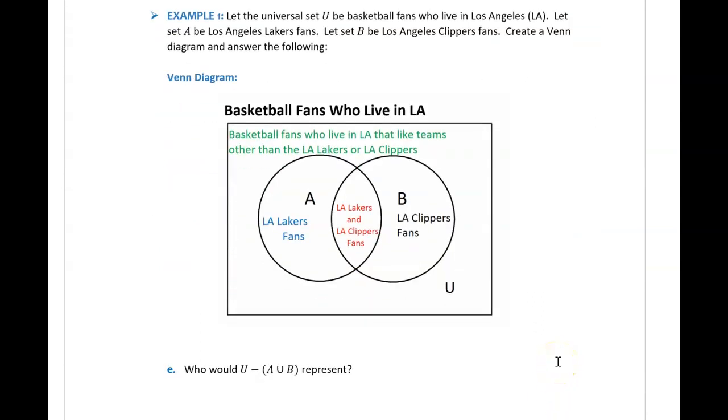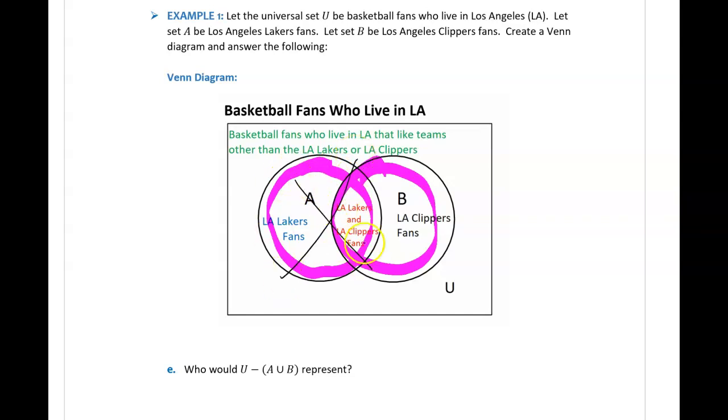I have retyped example 1 and already put it in the Venn diagram. So for part E, we would like to know who would be in the universal set U, not A union B. So first off, I need to know who's in A union B. So I already know that A union B is everyone in these two sets. But I want everyone who's not in those sets.